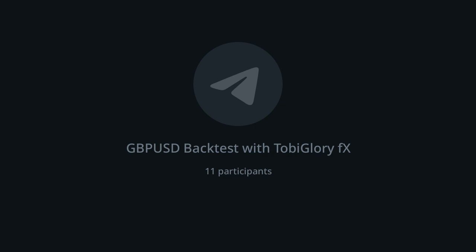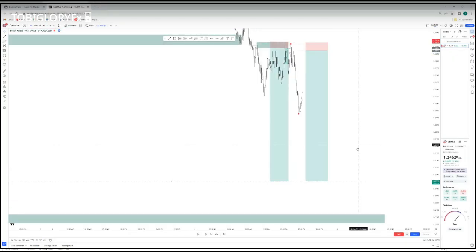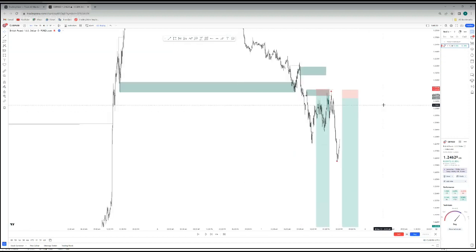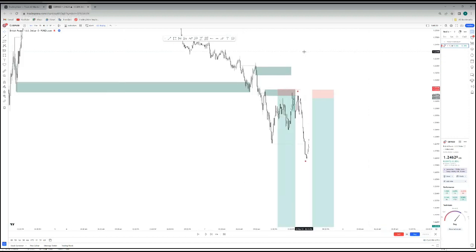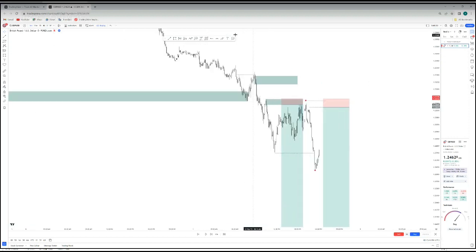All right, there's this sell I took last week. I forgot to show you this. Yeah, this is a sweep and a break of market structure, and this is liquidity. I picked this last week.